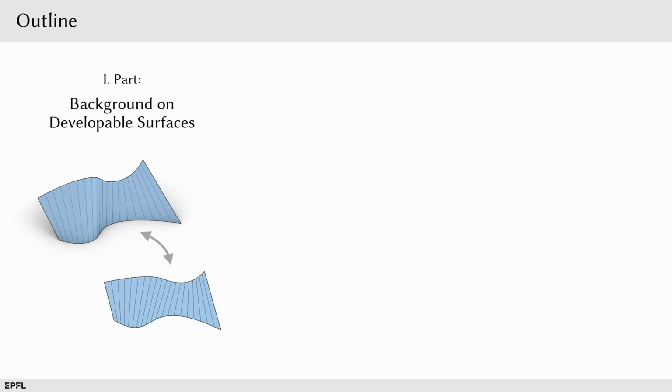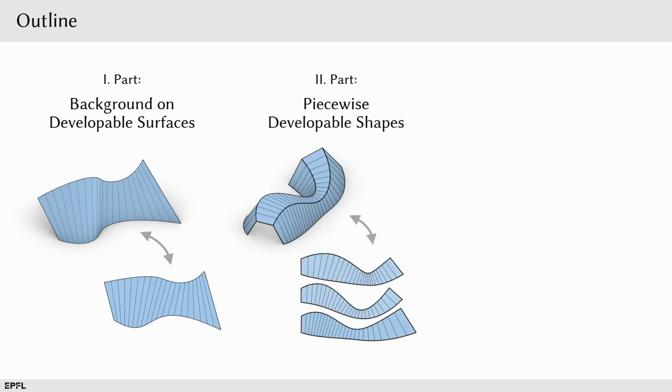So in this talk, we will first provide a background on developable surfaces. Then we'll show how multiple developable patches can be joined into more complex shapes, and we will highlight their connection to differential geometry, the smooth and discrete.